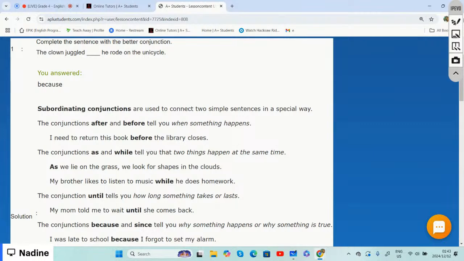So remember, we said we use after or before to show when something happens. We use as and while to tell you that two things happen at the same time.